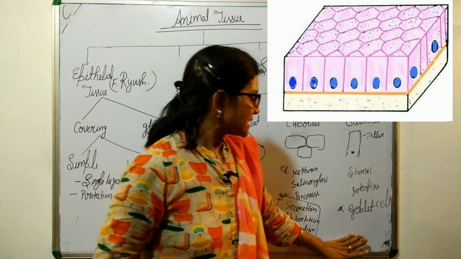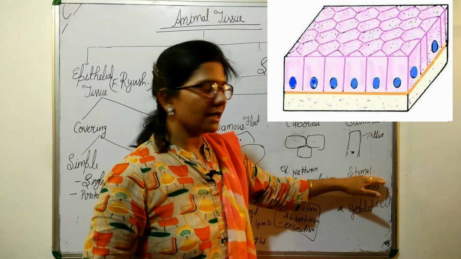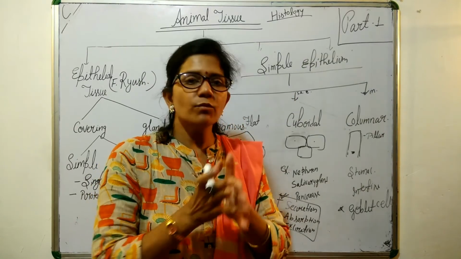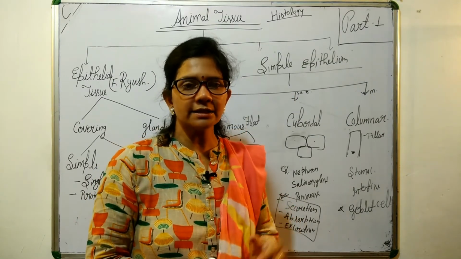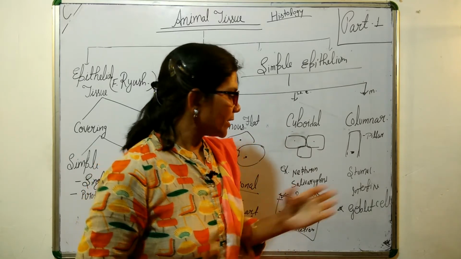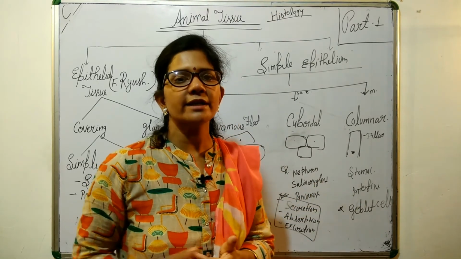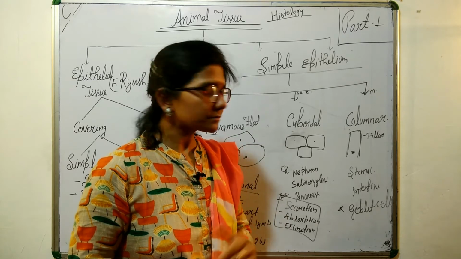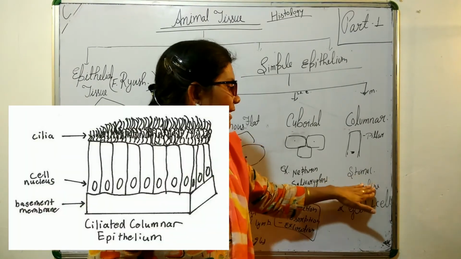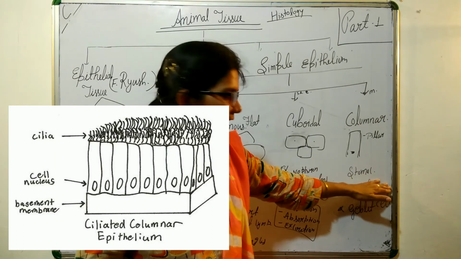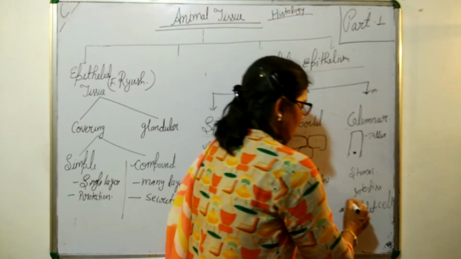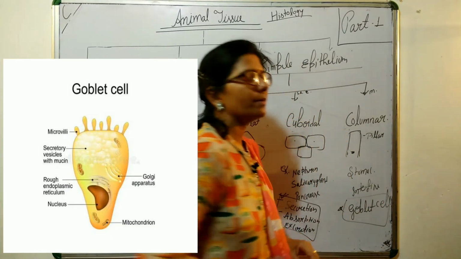Its main function is to help in the movement of the product passing through its passage. Because of this they have some modifications also, which we'll see. They can be ciliated columnar. So let's see where we will find them: stomach lining, and in the intestine. And there is one more example, which is the goblet cell.